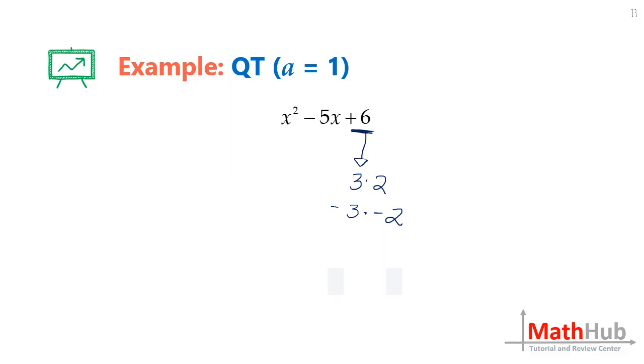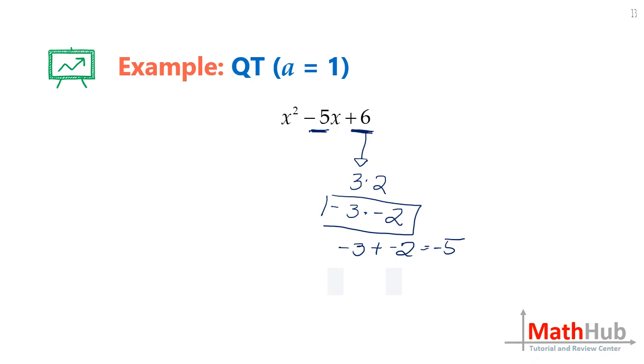But which one will we take? We want the sum to be equal to negative 5, right? So therefore, what will we get? We get this one because negative 3 plus negative 2 is equal to negative 5.